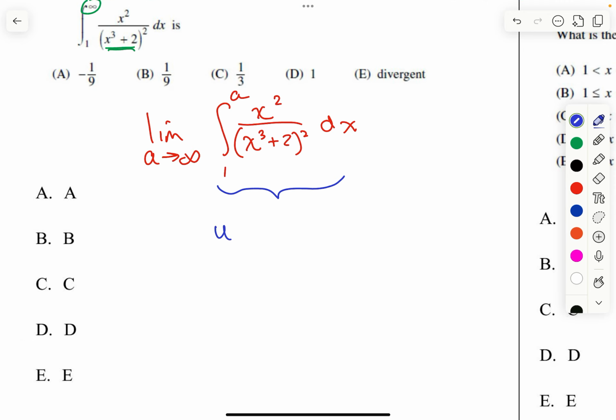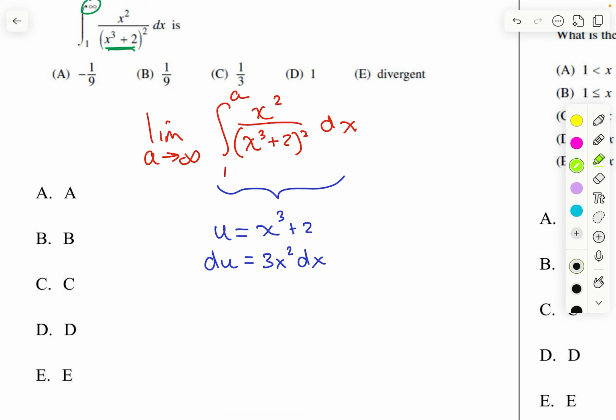So here I'm going to let u be that denominator, so that du can be written like that, and then I note that x squared dx can be replaced with du over 3.